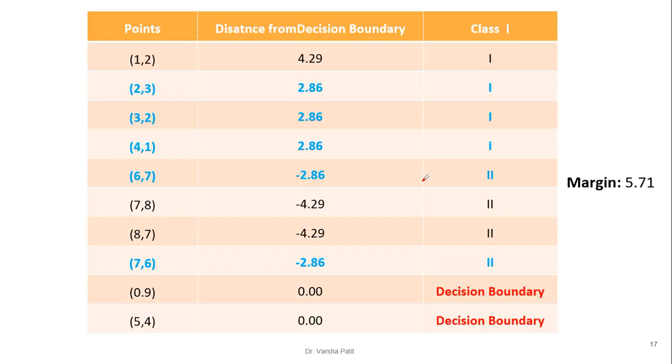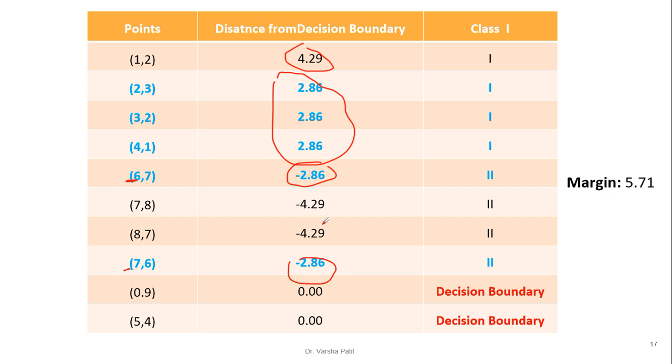Here you can easily check that their distances are the same, 2.86, and the other one is far away from the decision boundary, so its distance is 4.91. For the second class, 2 points are candidates for the support vector, and they also get a distance of 2.86. The distance is actually positive; the negative sign here indicates that the point belongs to the other class, but distance has to be represented as positive. In the same way for classification, when a negative value comes, it belongs to the second class, and when a positive value comes, it belongs to the first class.